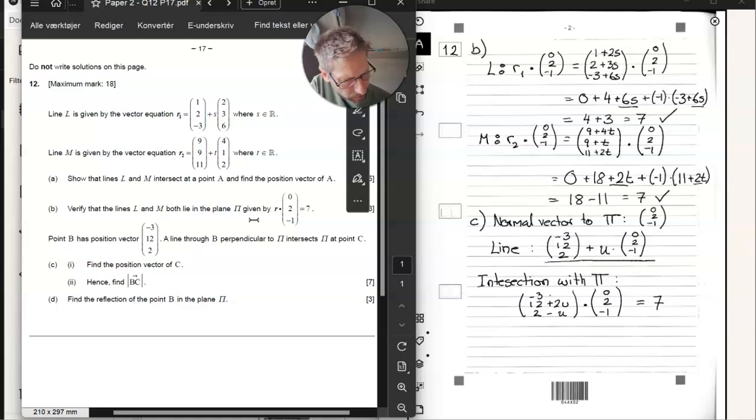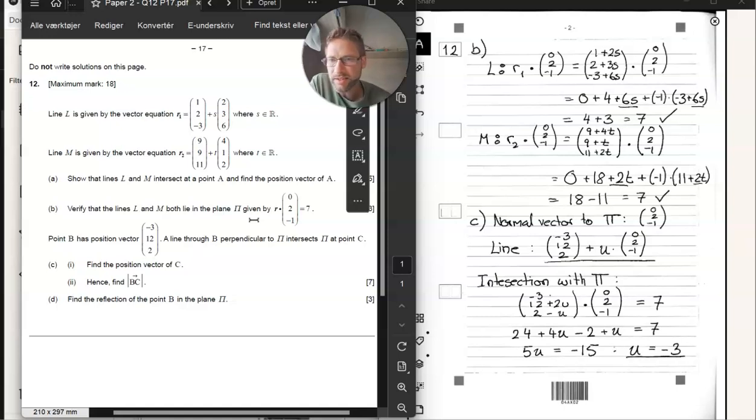Or writing out the dot product, 2 times 12 plus 2u, that's 24, plus 4u, and then minus 2 and minus u, that's plus u, equals 7. And what's that? Well, that's 5u equals 7. We add 2, that's 9, and we subtract 24. So that's -15, meaning that u has to be -3.